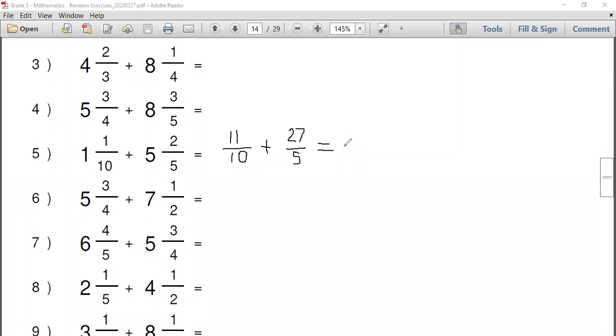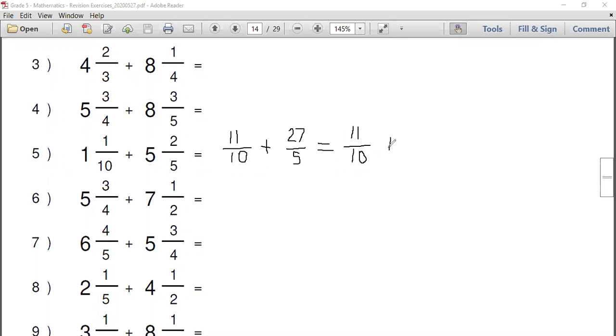Okay, so meaning the first fraction, what's going to happen to the first fraction? We're going to change it into a mixed number. No, meaning that the first fraction is going to stay the same because the denominator is already 10.